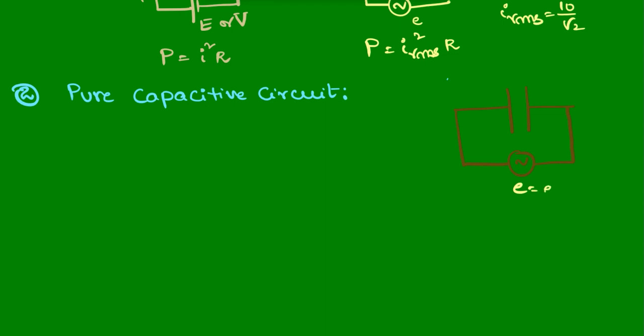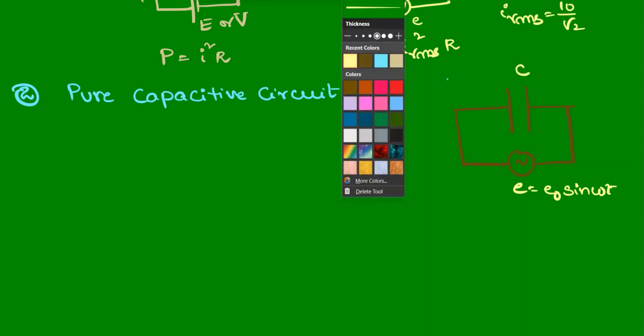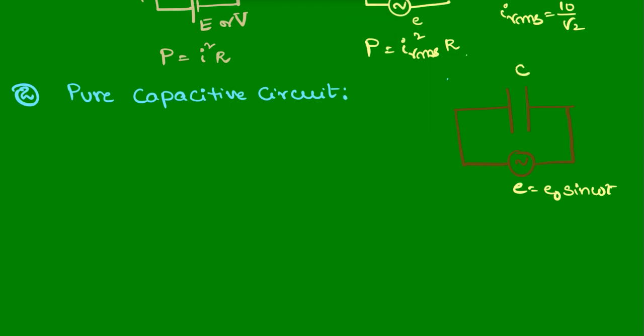If that source has voltage E equal to E naught sine omega t, and the capacitance of the capacitor is C, then the charge on the plates Q at any instant of time will be equal to C into V actually, but that will be E. We'll write Q equals C E naught sine omega t.